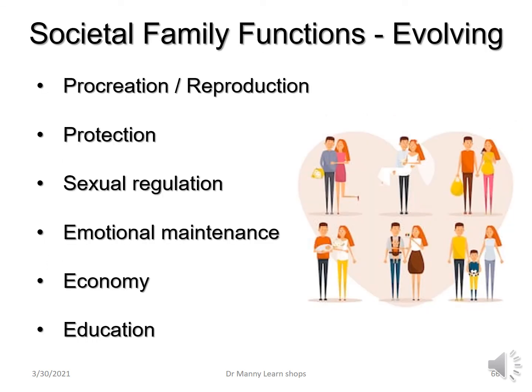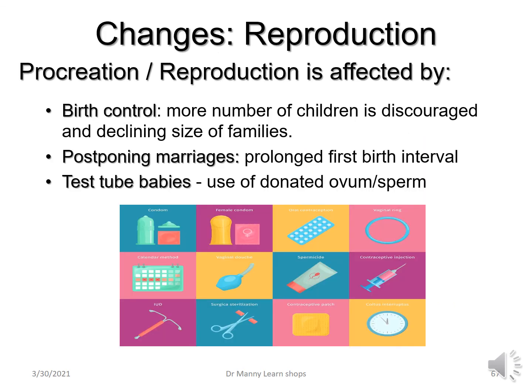Then you've got evolving societal family functions in relation to procreation and reproduction, protection, sexual regulation, emotional maintenance, economy, and education, which we'll review. So when we talk about changes in reproduction, procreation and reproduction are essentially affected by birth control. More number of children is being discouraged and declining in sizes of families.